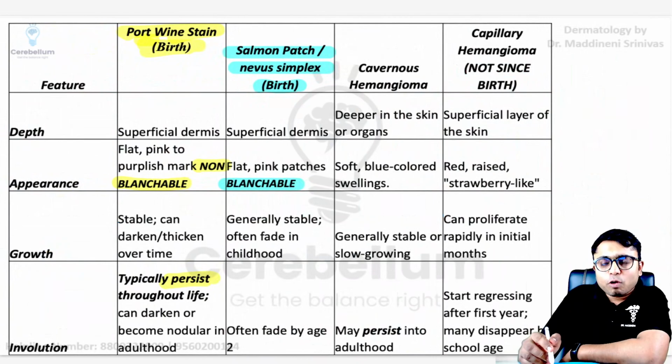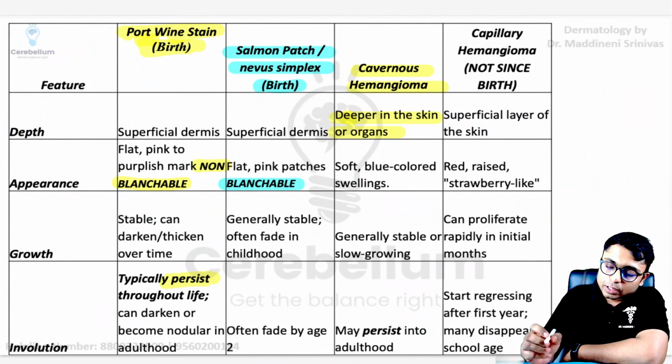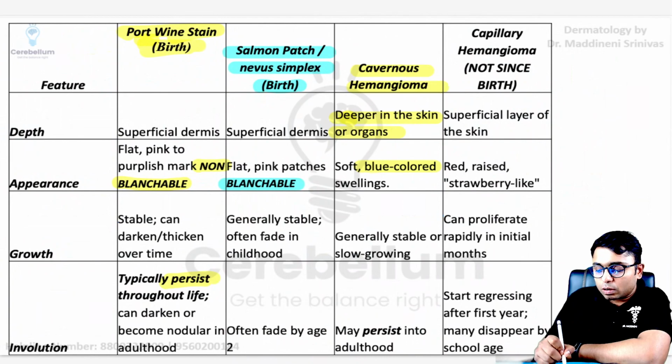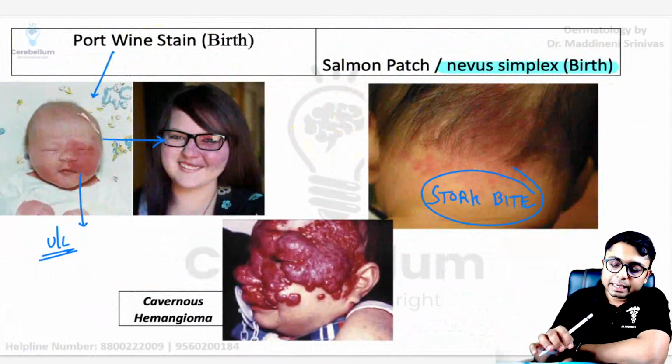So the next one I have already told you, this is cavernous hemangioma, which is going to be present deeper in the skin and involving the organs. And this is going to be blue in color, and this can also persist throughout the life.